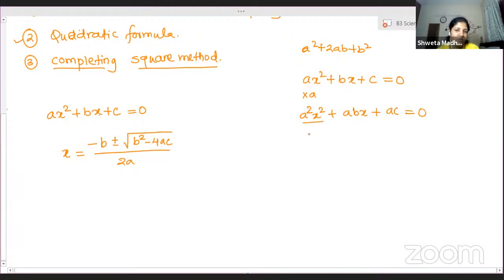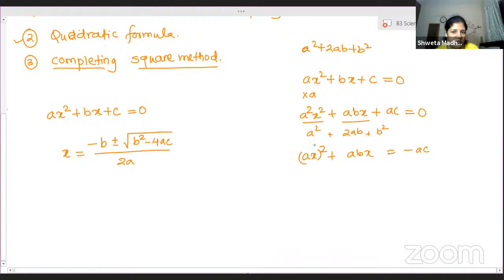Now this is in the form of a square. This should be in the form of 2ab, and then we have to find the value of b square. So this is ax whole square plus abx. We will take ac to the other side, so it is minus ac.